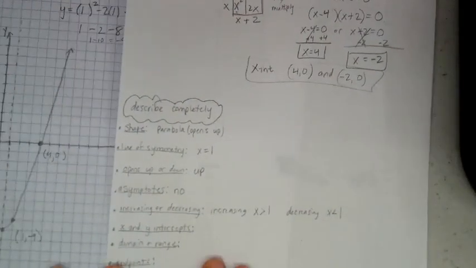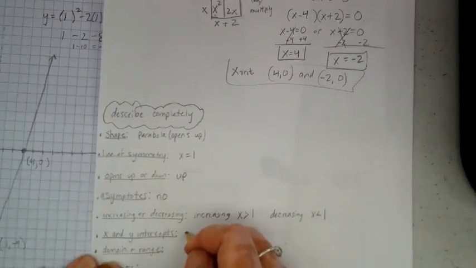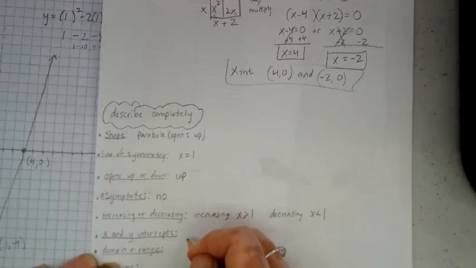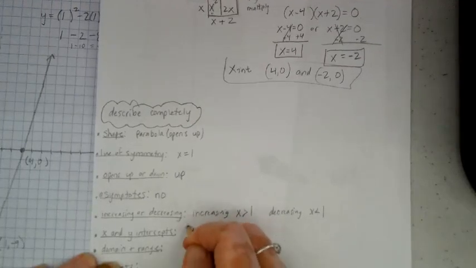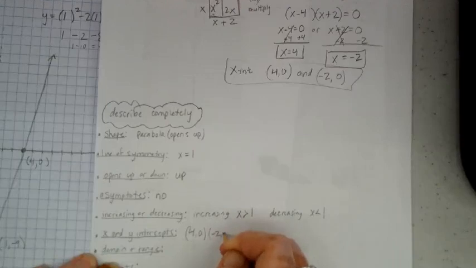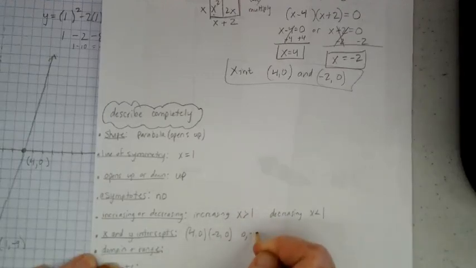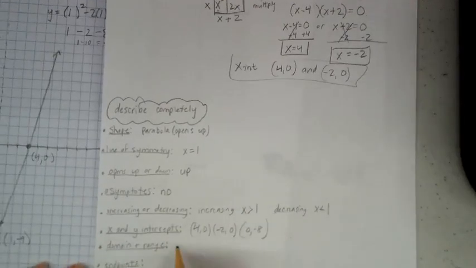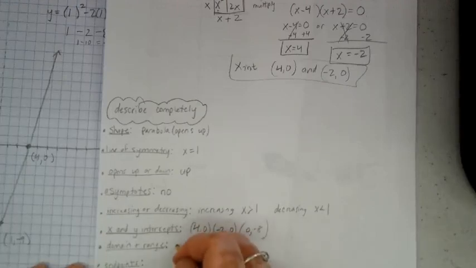X and y intercepts, I wrote those all down. We're going to have 4, 0, negative 2, 0, 0, comma negative 8. Domain and range. Domain is all real numbers.